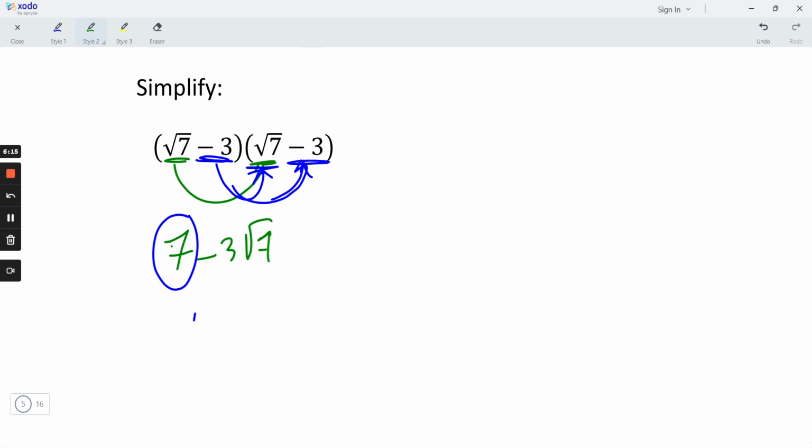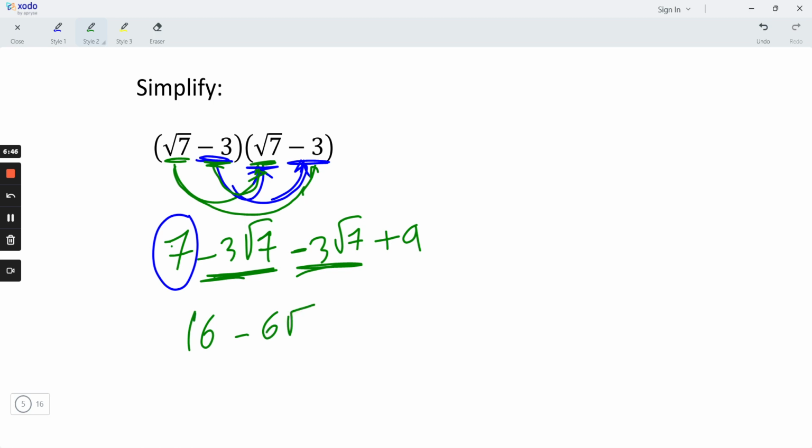So 7 plus 9 is 16, minus 3 root 7 minus 3 root 7, which is minus 6 root 7.